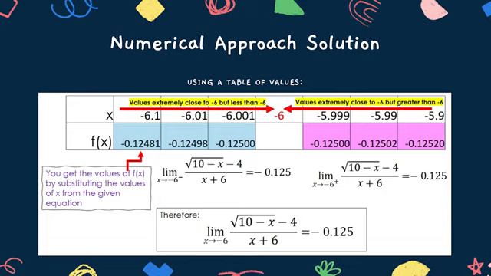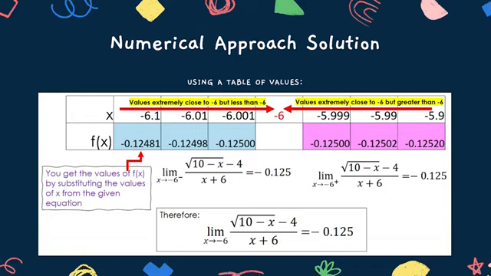And observing, the limit of square root of 10 minus x minus 4 all over x plus 6 as x approaches negative 6 from the left is negative 0.125.